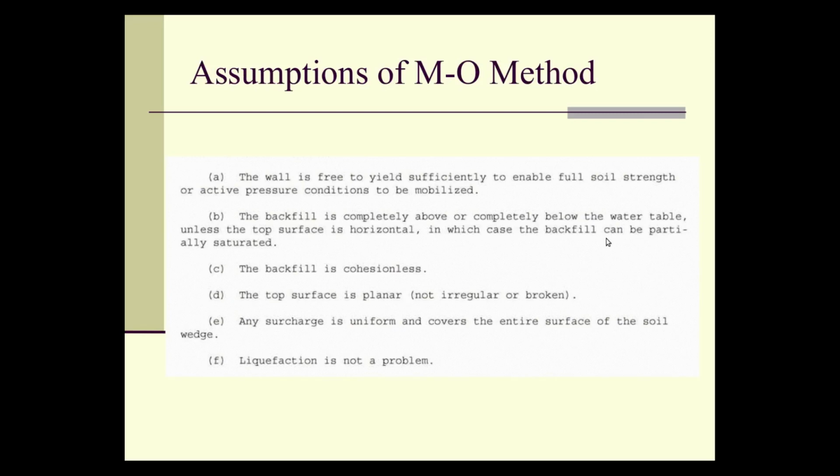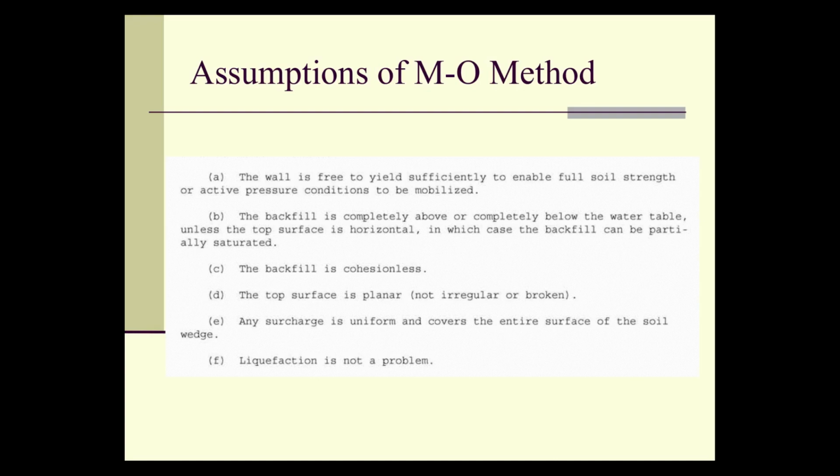Assumptions. The wall is free to yield sufficiently and with full soil strength. In other words, you remember way back in the early part of this presentation, we talked about the fact that it takes some movement to fully develop the active conditions, or for that matter, the passive conditions. So the wall is free to yield sufficiently.